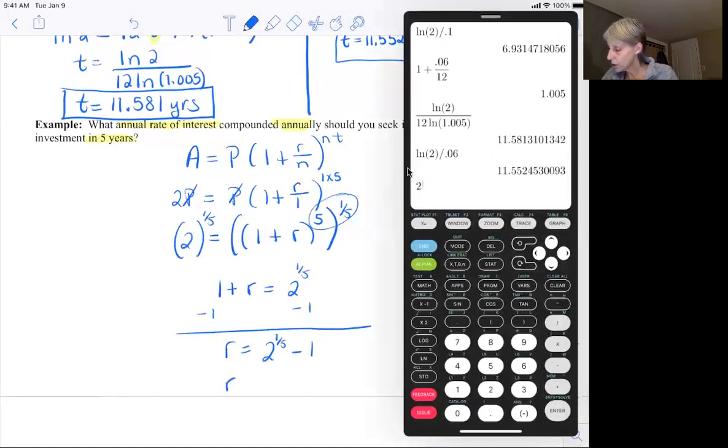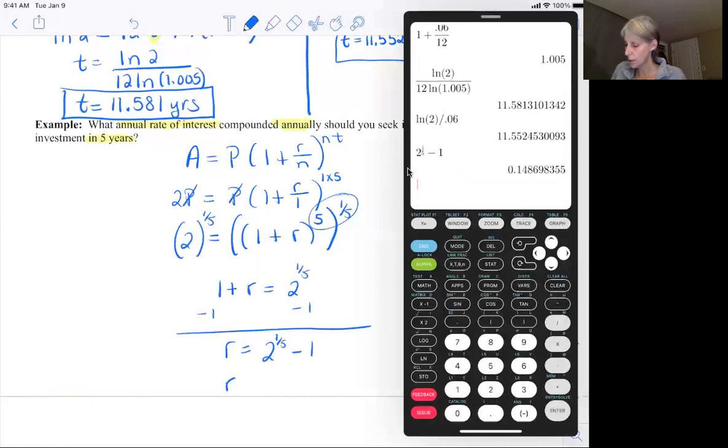2 raised to the 1/5 power minus 1. And r is going to be 0.148. But remember, that's a decimal.